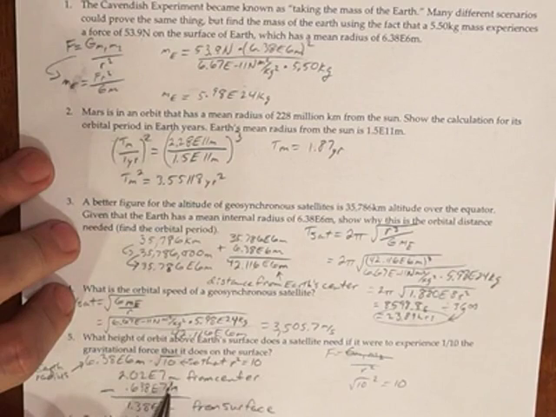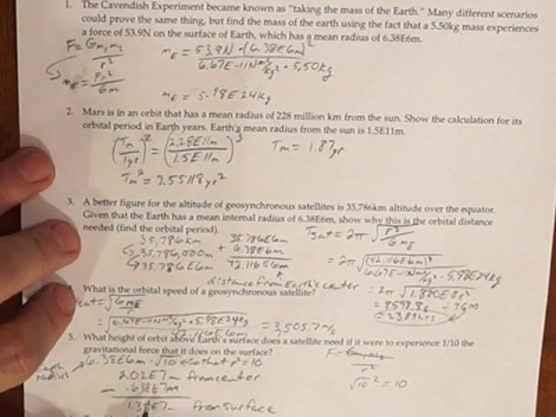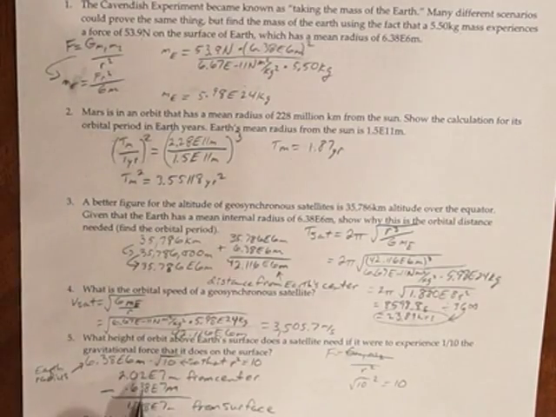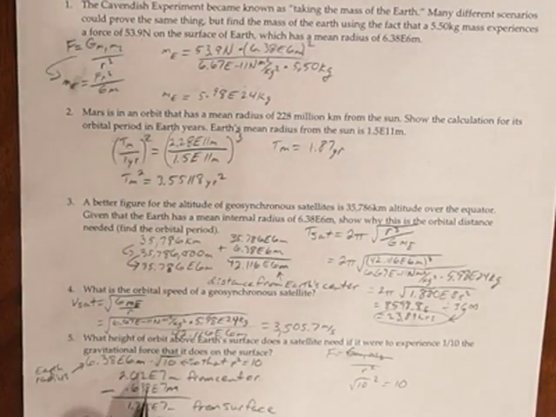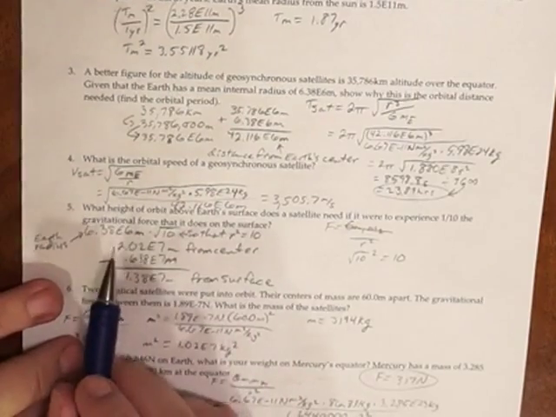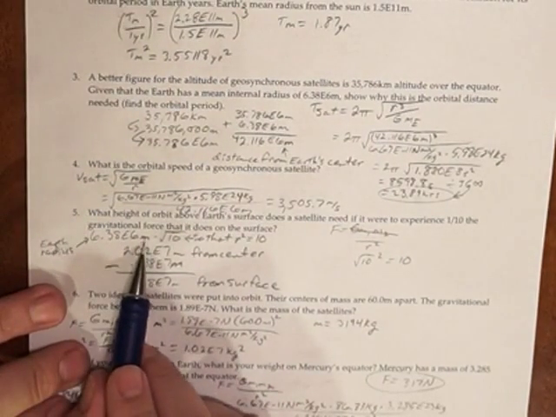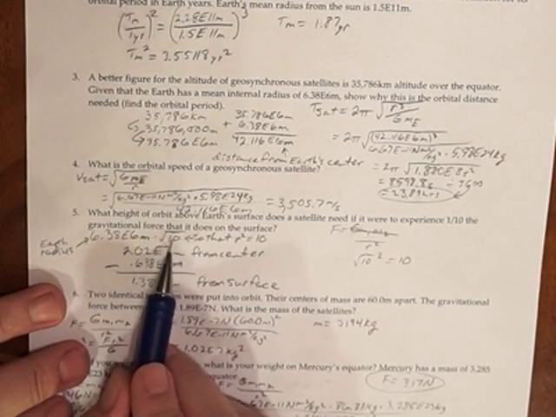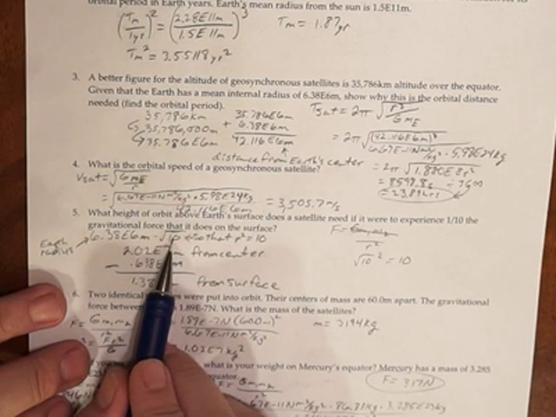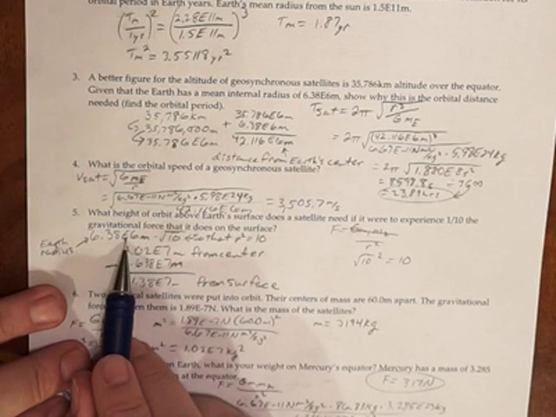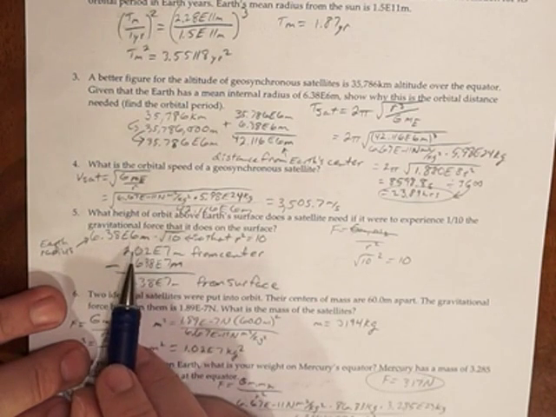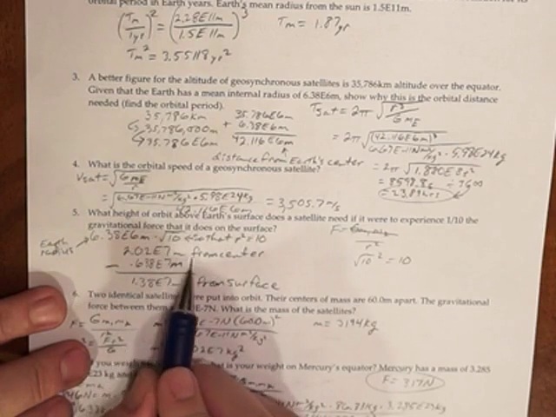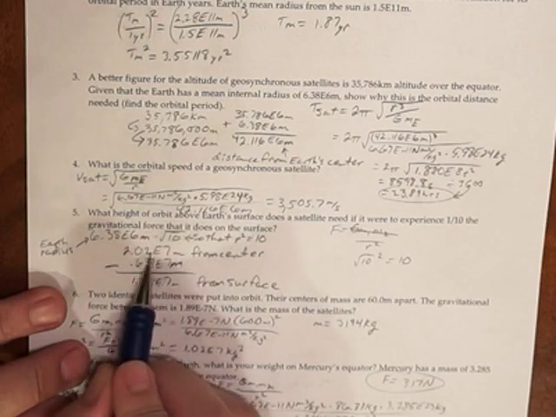Here's the square root of 10 meters. So this is how far it was if it's on the surface. I need it square root of 10 greater than that. So take the square root of 10 times the radius of the Earth, or distance to the surface, same thing. And we have meters from center.